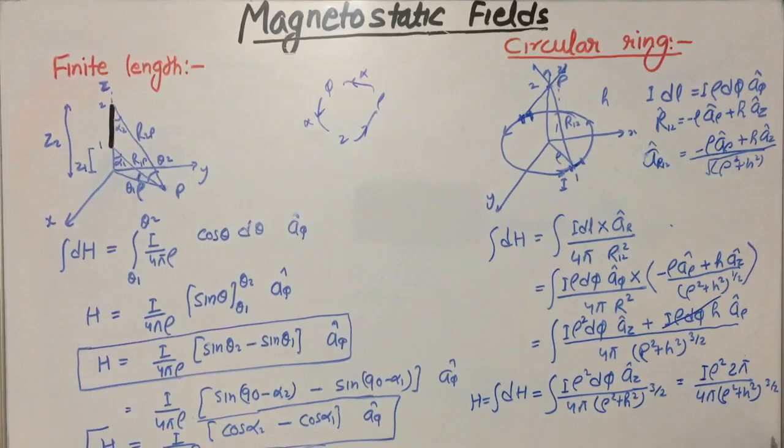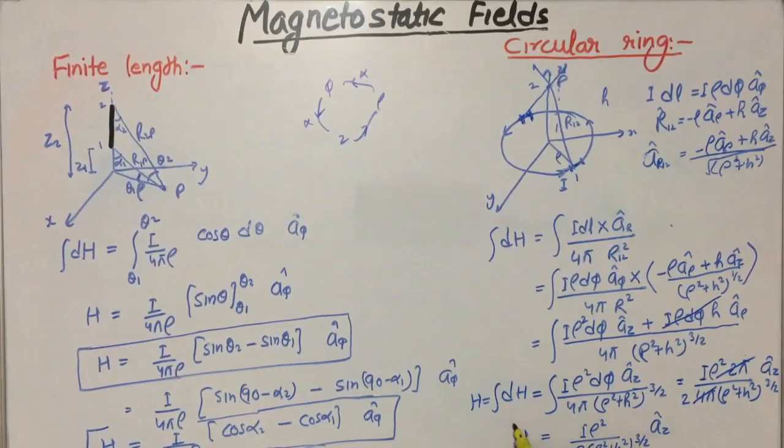It will be in the direction of az only, since the other components cancel out. This and this will give us 2, so the final result will be I rho squared divided by 2 times (rho squared plus h squared) to the power 3 by 2, in the direction of az.